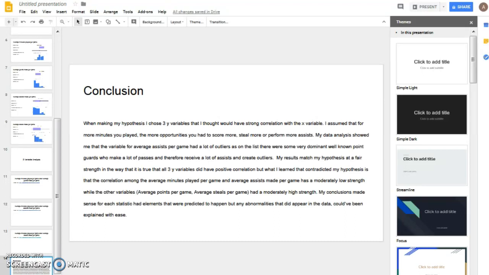Those are just 2 examples of other variables that might carry a lot of weight along with the average minutes played per game. But average minutes played per game is one of the definitive backbone variables that are needed if you want to yield any results with the other Y values.